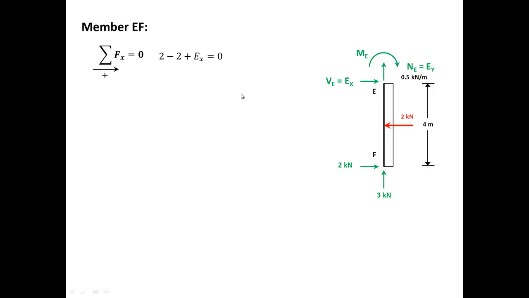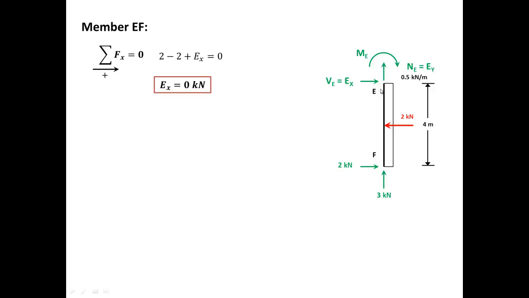When I apply these equations, in the x direction I have 2 minus 2, and remember, we need to concentrate these forces. Any distributed forces should be concentrated to do the moments and all the equilibrium equations. So it's 2 to the right, so it's positive, minus 2 plus EX should equal 0, so EX equals 0.